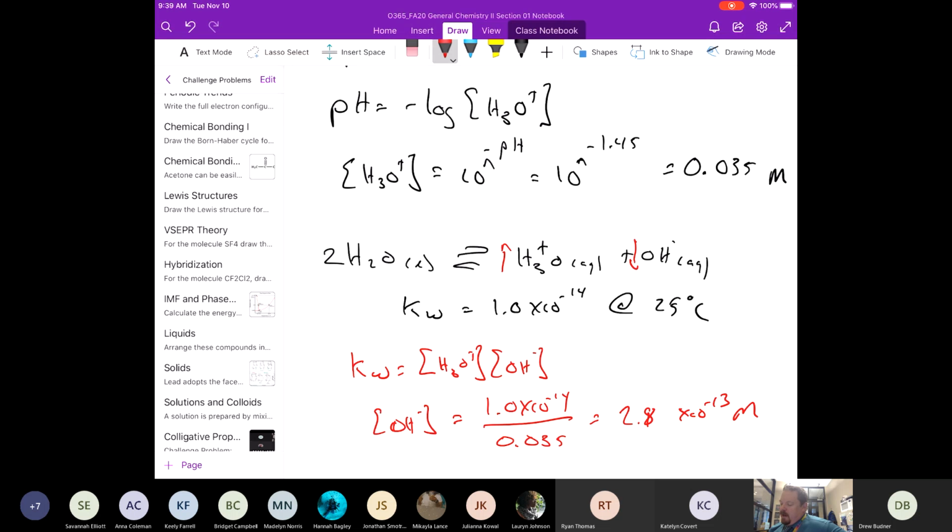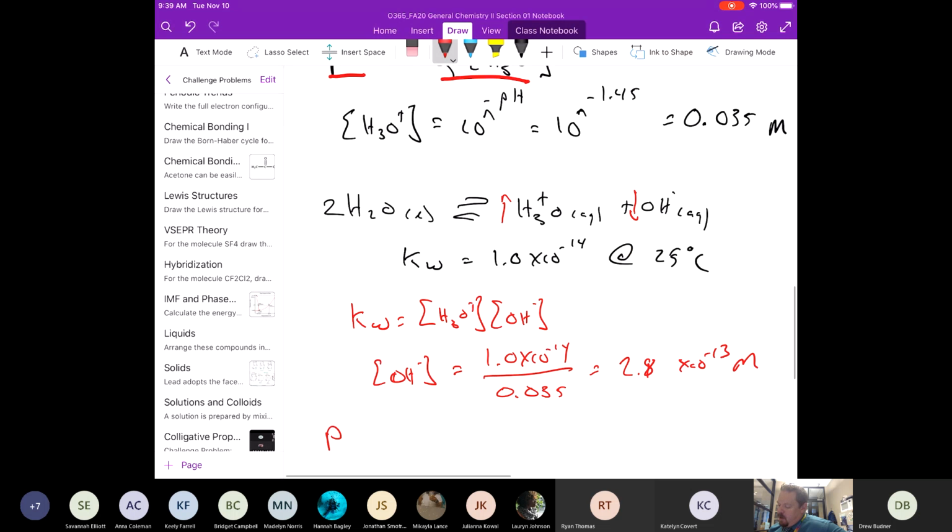All right. So now we have the H3O plus concentration and the OH minus concentration. The last thing we needed is the pOH. If pH is equal to the negative log of the H3O plus concentration, we can say that the pOH is equal to the negative log of the OH minus concentration. Or we can say that pH plus pOH is equal to 14, right?